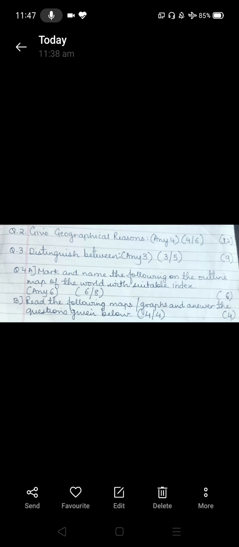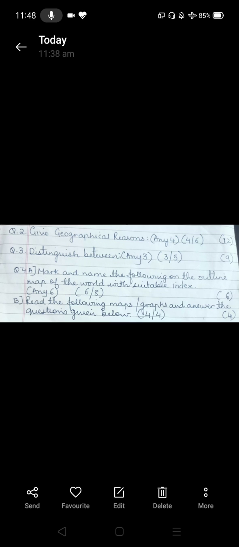Sometimes when you are writing in paragraph form, it doesn't make sense. Point wise, relevance, proper writing, improvisations, and grammatically correct writing would help you a lot. So give geographical reasons: out of 6, you will attempt any 4, which are 3 marks each.